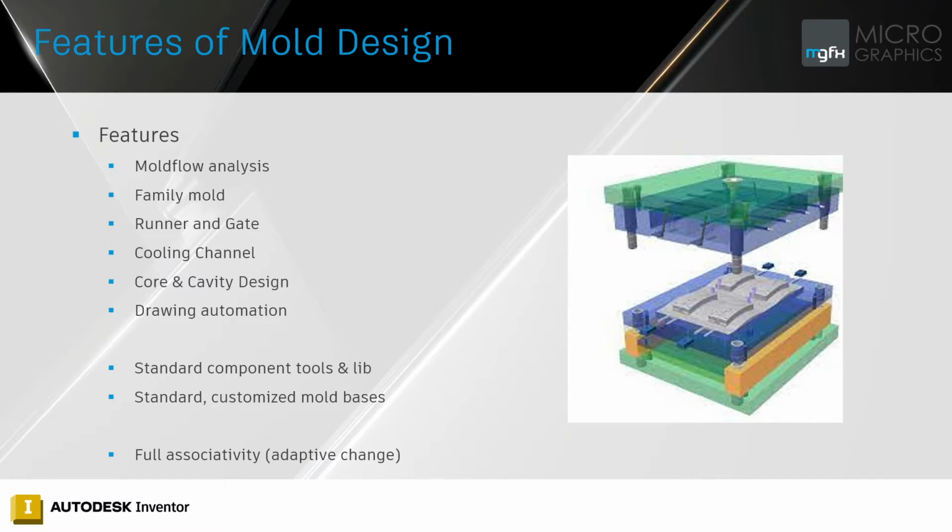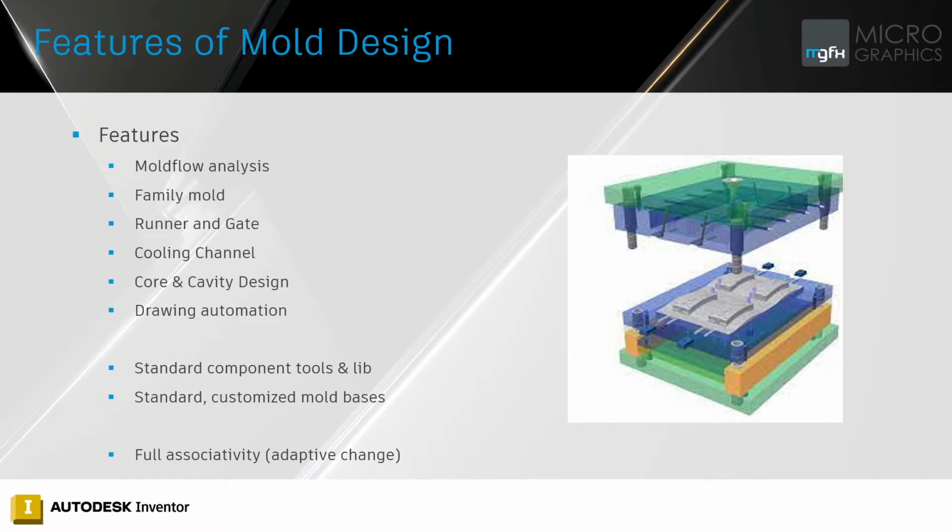As mentioned earlier, we have standard component tools and libraries, so things like standard materials, standard tool libraries. We also have customized as well as standard mold bases to start with. For example, they might have a Futaba mold base that you can customize according to your needs for what components you would like to include when you're inserting your mold bases.